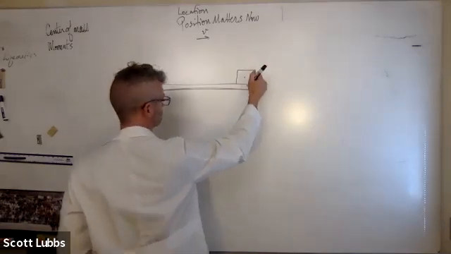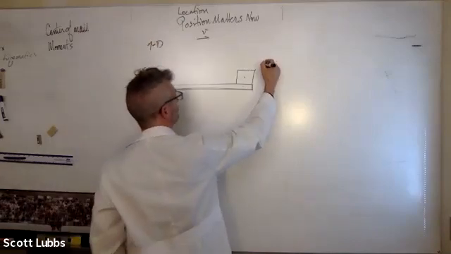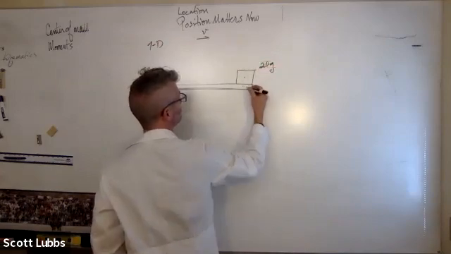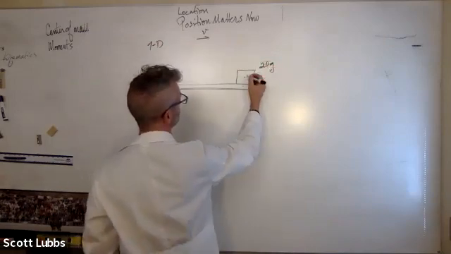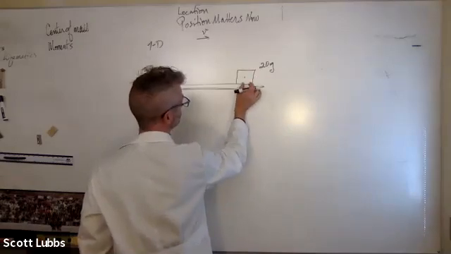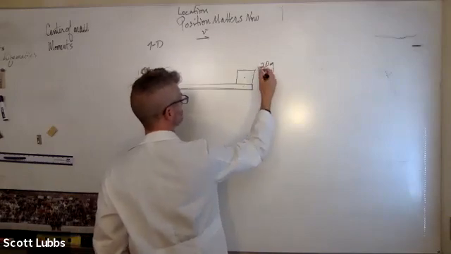All of this is still one dimensional. Oh, that's 100 grams. We'll make this one 20 grams, and it'll be located out here at the 98, 2 centimeters, 1 inch.